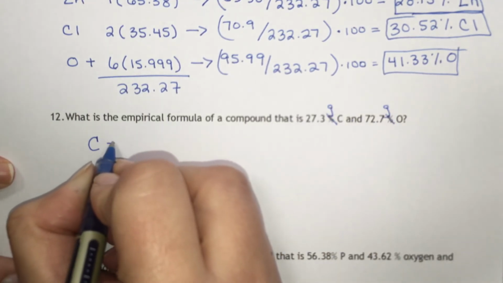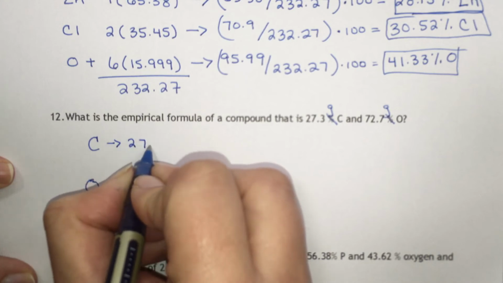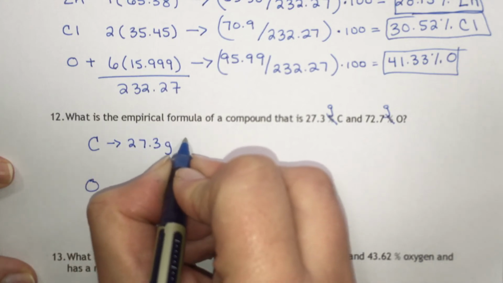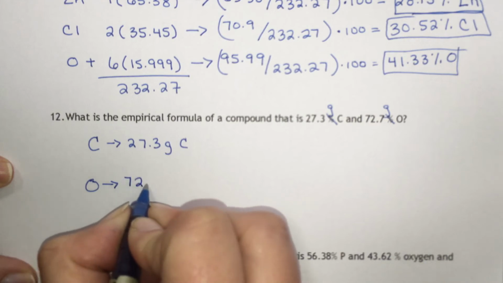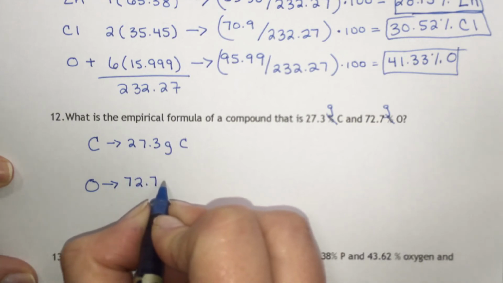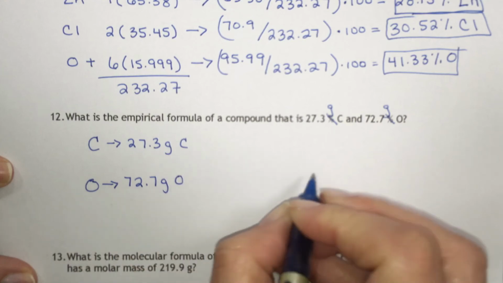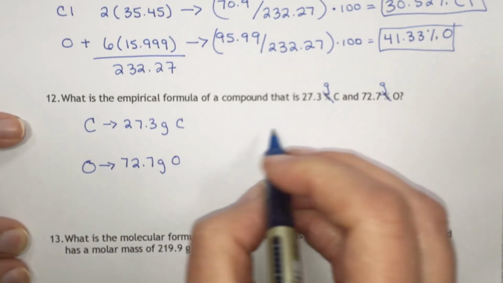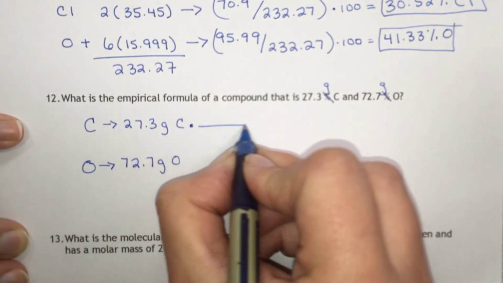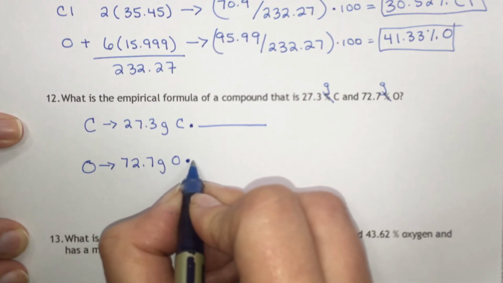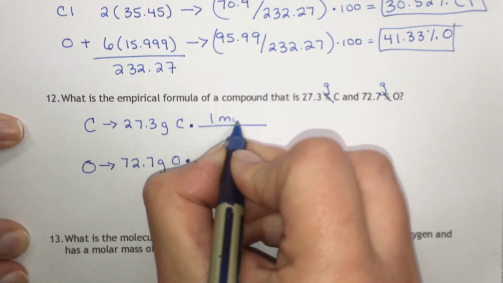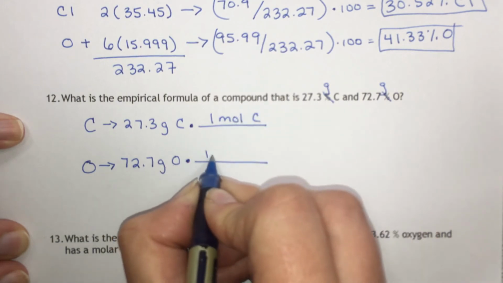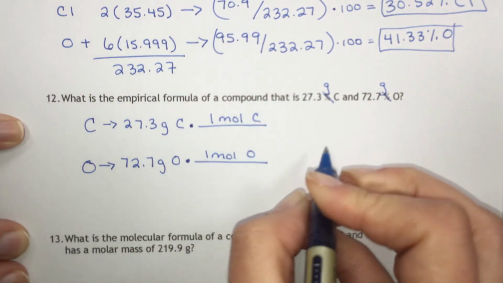Okay, so we have 27.3 grams of carbon, and we have 72.7 grams of oxygen. Okay, now we need to convert to moles. Remember, that was our first step. So 1 mole of carbon, 1 mole of oxygen.